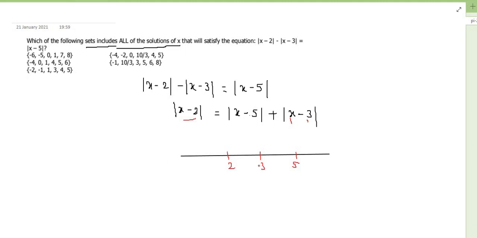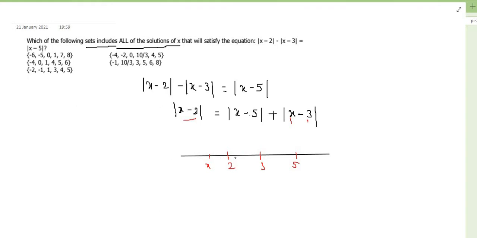All right, now use your common sense. What if this point is less than 2? It is towards the left of 2. Let's say x is here. Will this work? So the distance between x and 2, and this is absolute value, so we don't care what the sign is, we are just looking for the distance, okay, the positive number.